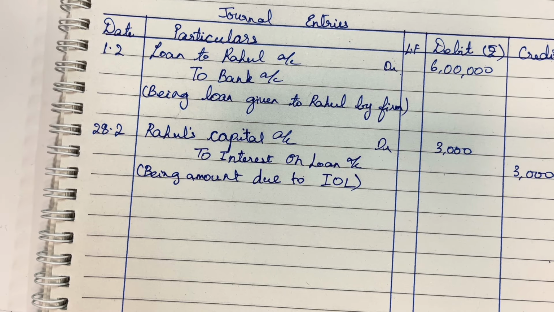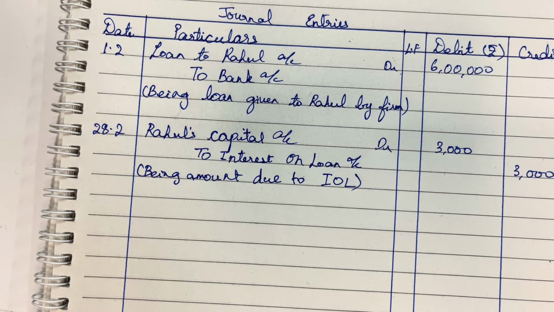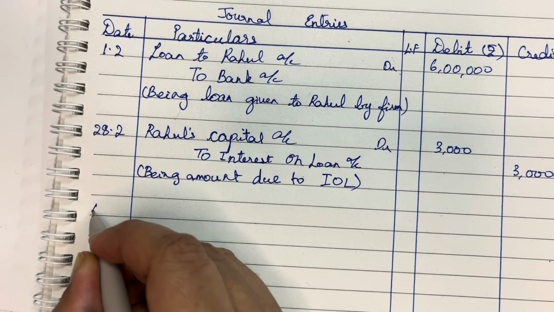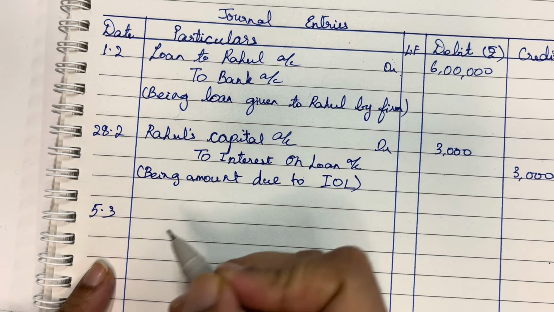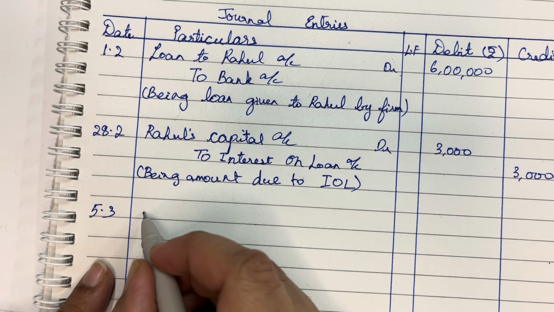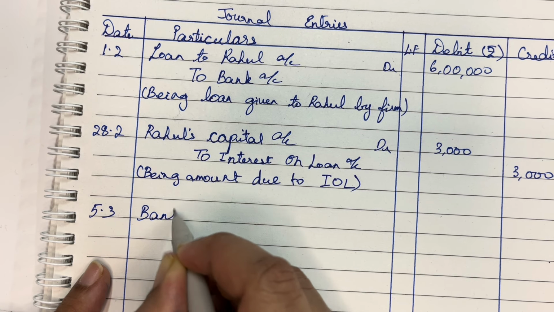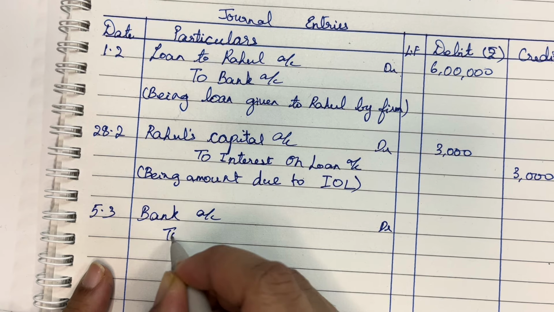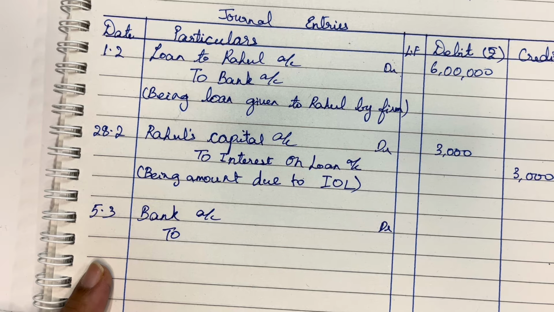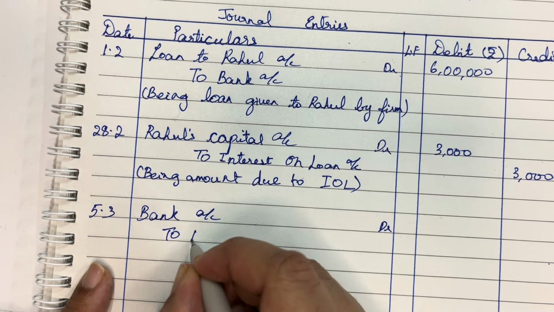The next one is the amount being received. The interest on loan amount is being received. When is it being received? It's being received on 5th of March. Okay, so where does this amount go? It goes into our bank account. So we'll write bank account debit to Rahul's capital account.